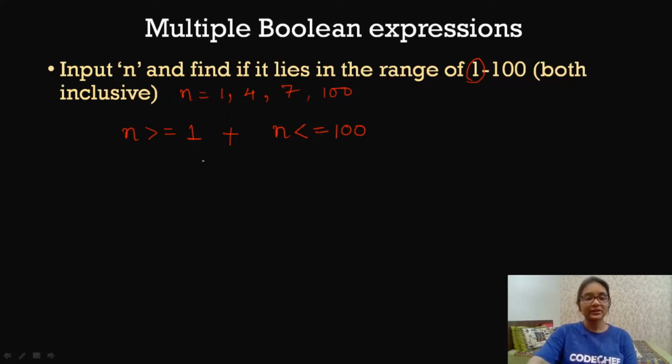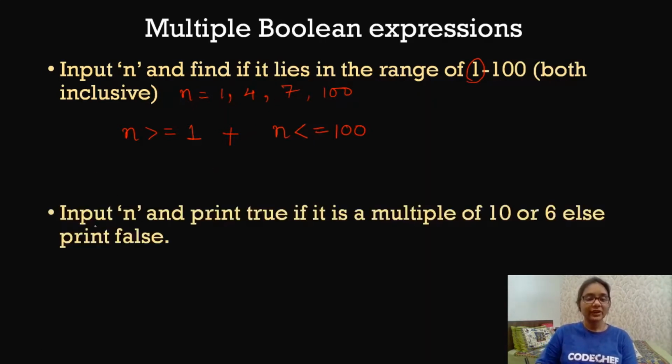Now take another example. Here we have to input a number and print true if it is a multiple of 10 or 6, else print false. So we have to check whether n is a multiple of 10 or a multiple of 6. Again there will be two Boolean expressions here. The first expression will check whether n is a multiple of 10 or not. How do we do that? We already know this: we check the divisibility of a number using the modulus operator.